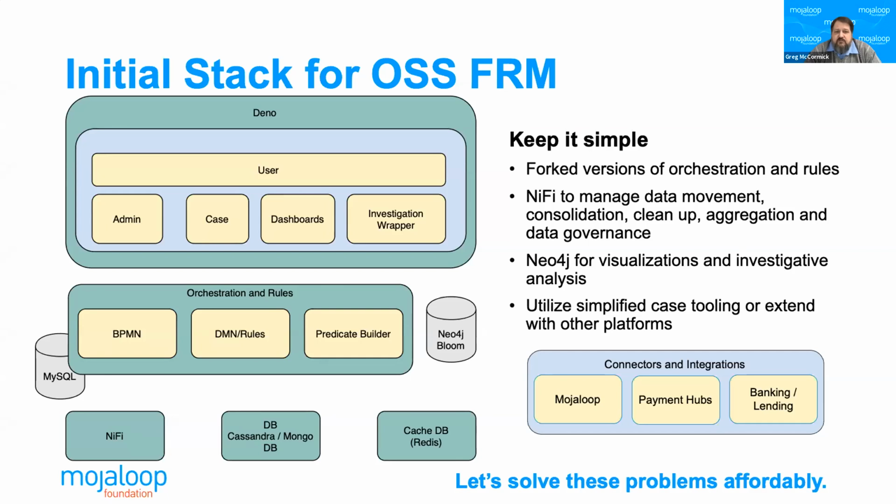Neo4j for the visualizations and investigative analysis. And the reason for that is the Neo4j Bloom, the desktop, is open source. And so if we take a look at the investigative suite side, it's always been kind of a push-pull scenario.